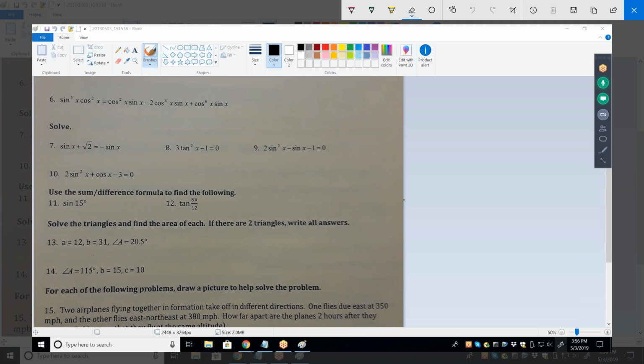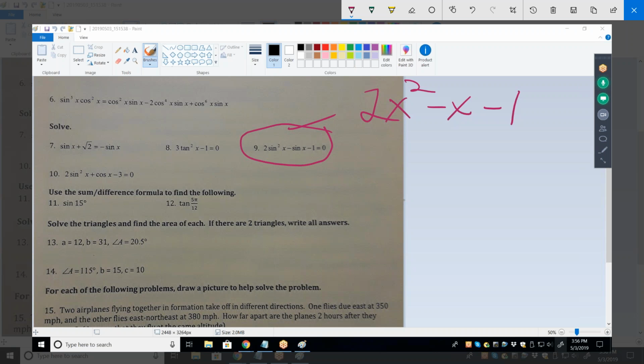Solving that is a quadratic. It's what I call a quadratic in disguise. Because most quadratics, you're looking for something like this. Well, this is called a quadratic in sine.